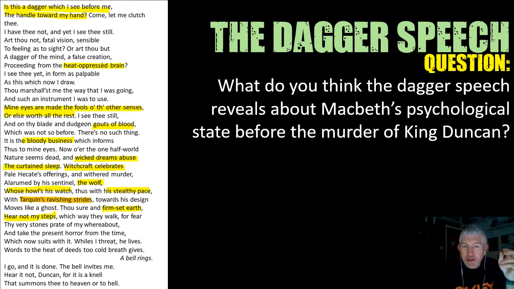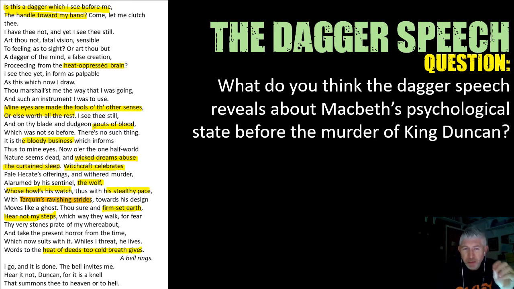And then he uses opposite ideas here. Whiles I threat, he lives; words to the heat of deeds too cold breath gives. So the idea is that while he talks the talk, he might talk himself out of it. There's a sense here that maybe he's getting cold feet, or thinking about not doing it.